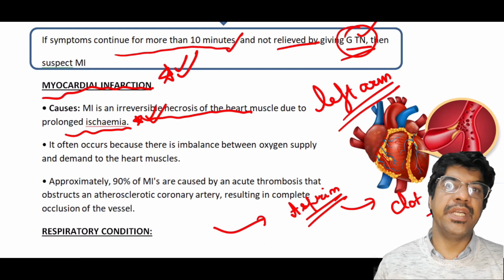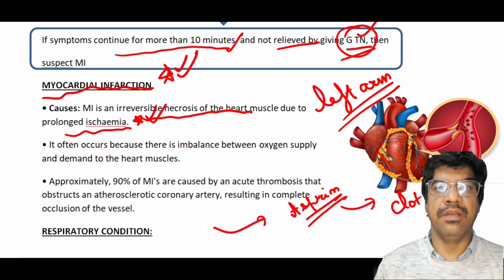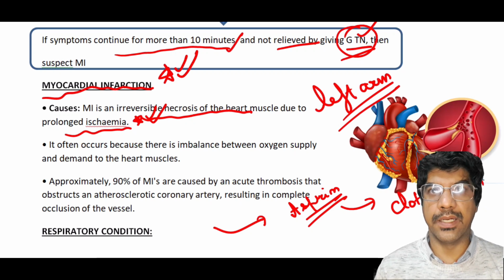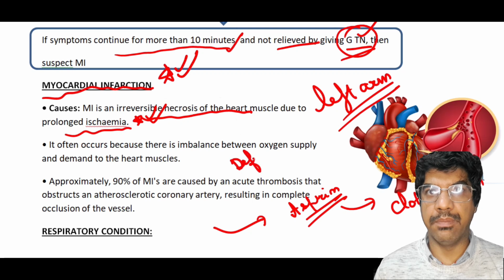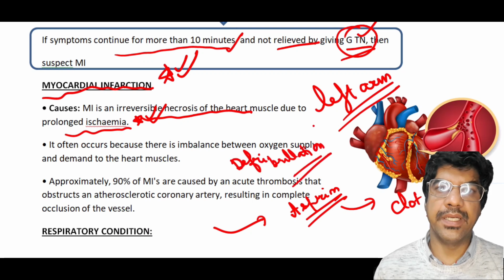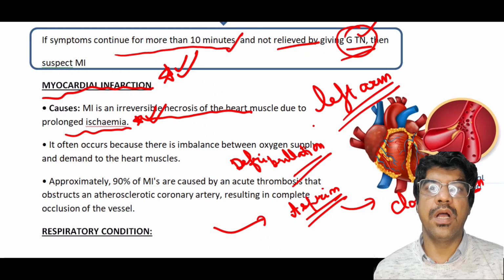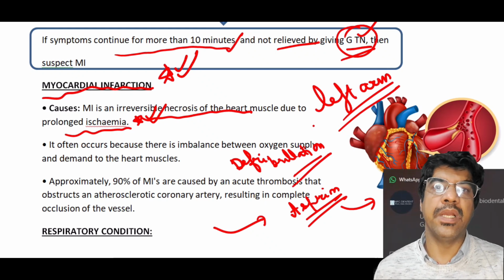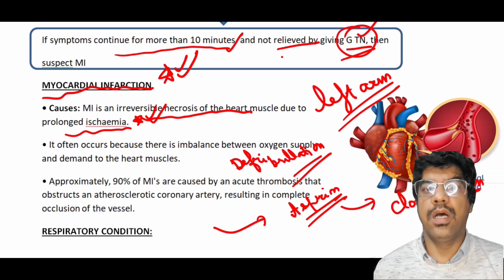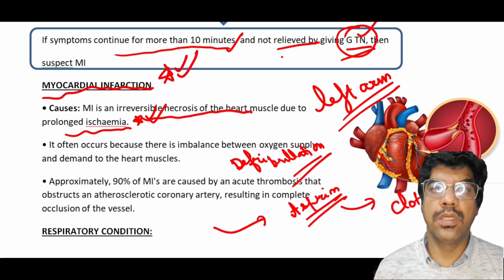Be prepared to initiate basic life support if necessary. Apart from that, defibrillation can be done. If the patient becomes unresponsive and does not have any pulse, automated external defibrillation may be required.